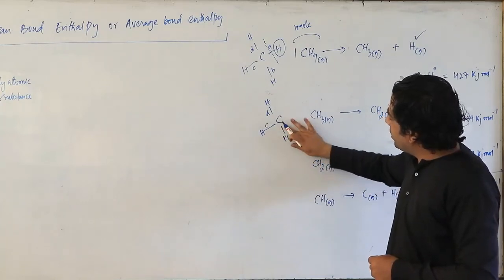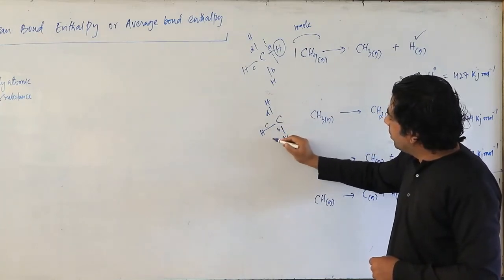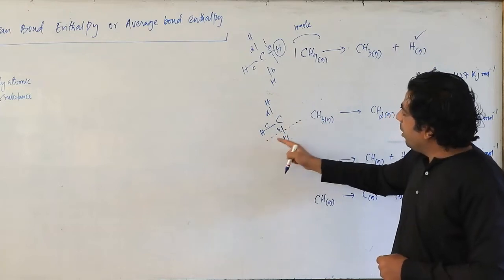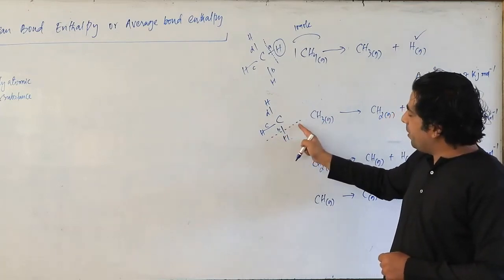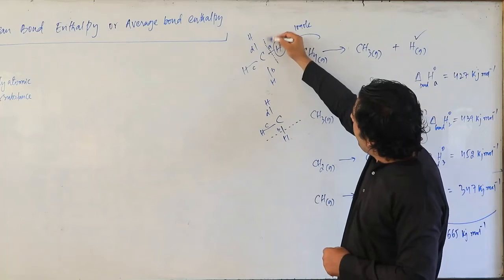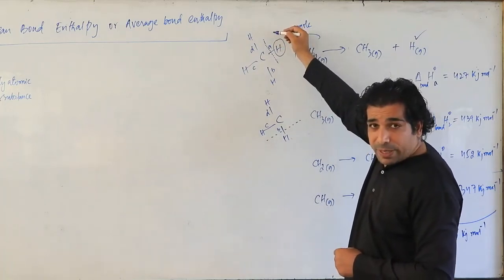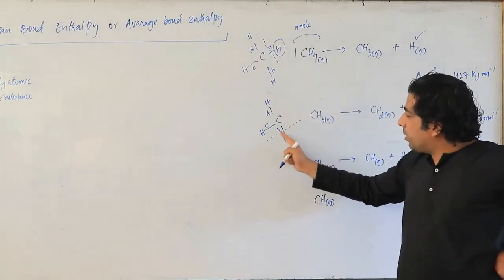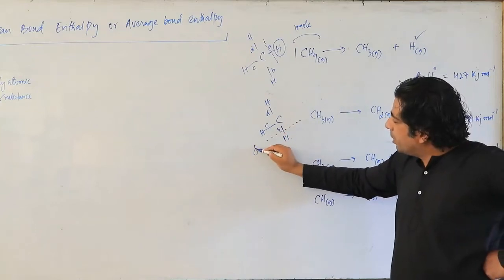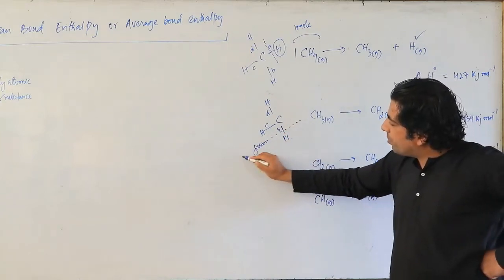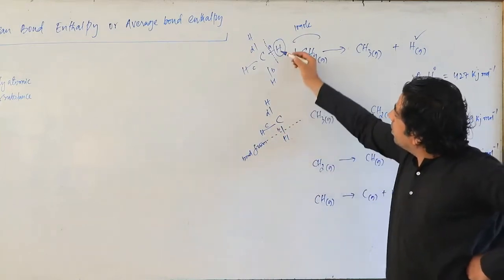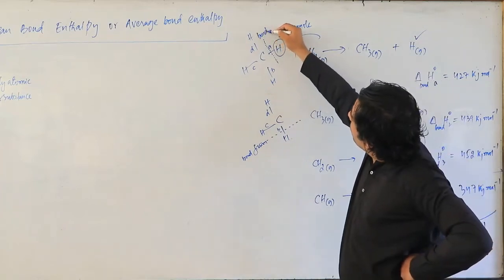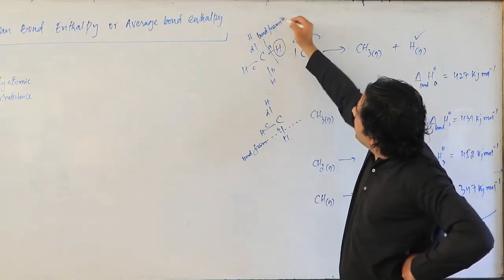Let us break this bond B now. So now I am breaking 1 mole of bond B. Here I was breaking 1 mole of bond A. Here I am breaking 1 mole of bond B. So I am doing bond fission. Here also I was doing the bond fission. Fission means breakdown.